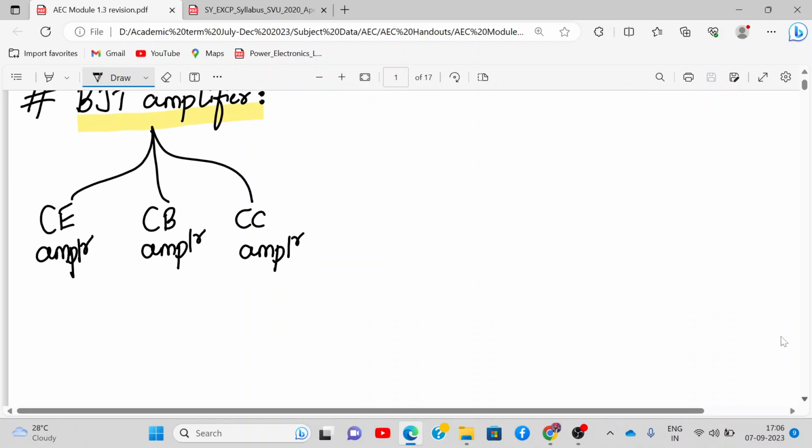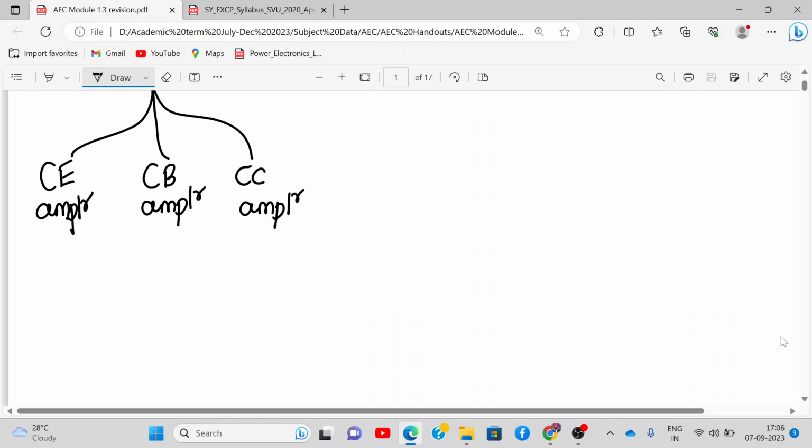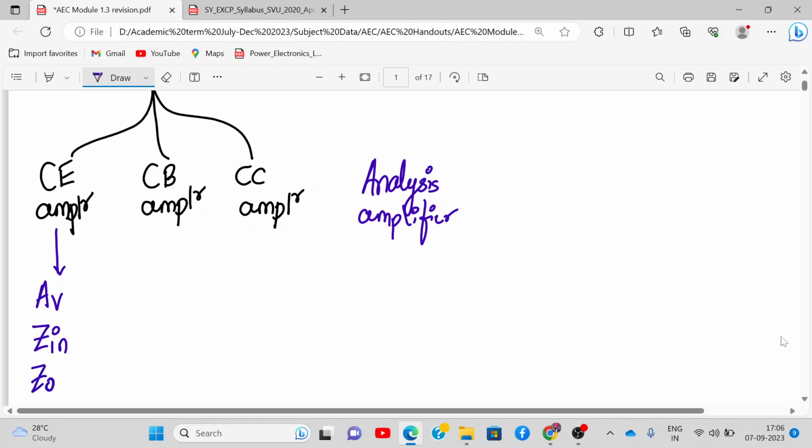In this module, for all of them we'll analyze the amplifier circuits. For all of them we'll calculate the voltage gain, the input impedance Z in, and the output impedance Z out.